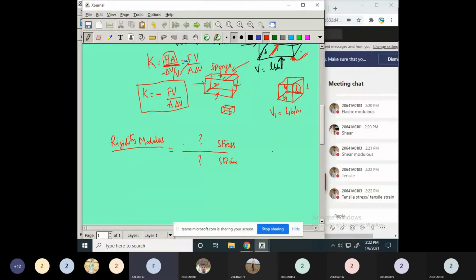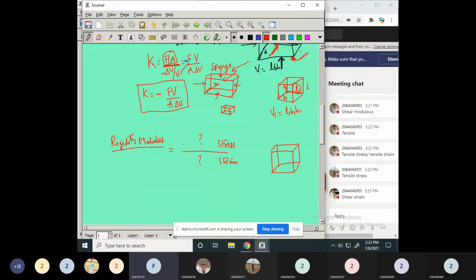Now let me give one thing here. If I consider this as a material, this is a material without any stress. Tensile stress, now what about strain in the denominator? Here, shear strain.